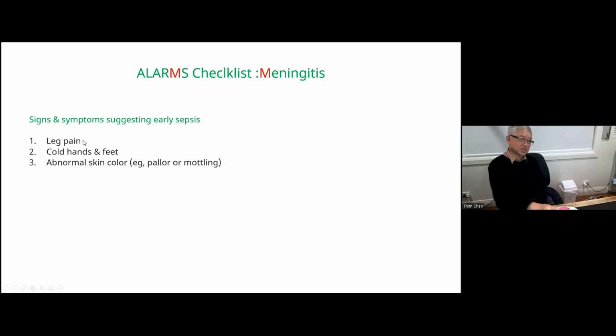Between this and the meningeal signs is about 9 hours. Once the meningeal signs come in, another 2 hours they come up with rashes, and then it's too late. So most of the patients present late to the hospital. These are the 3 questions that you should ask if you're suspecting sepsis.